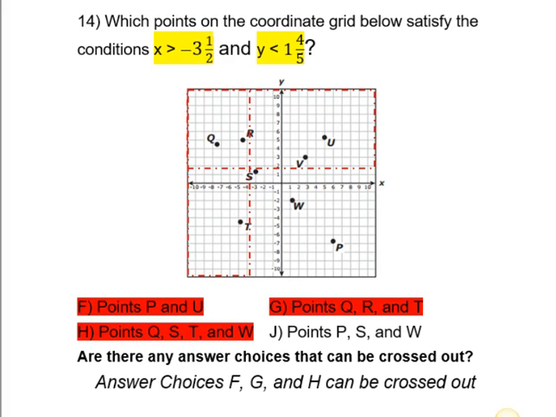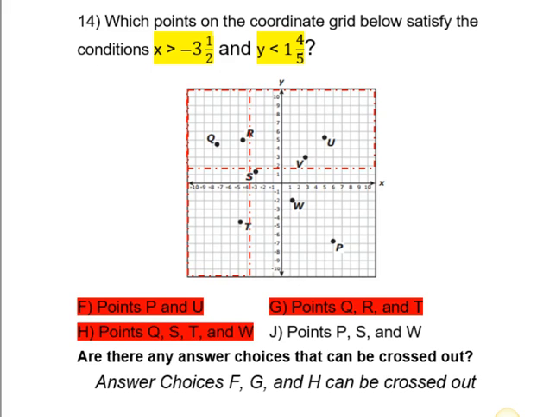For F, yes, P is outside of the red areas, however, U is not. That answer choice is incorrect and can be crossed out. For G, points Q, R, and T, all 3 points are in the red area and can be crossed out. For H, points Q, S, T, and W, well, S and W are outside of the red area.